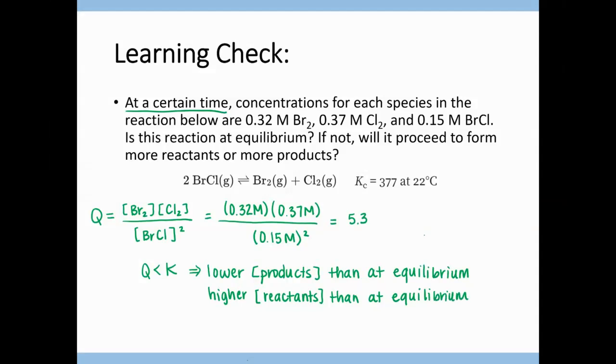And we know that because Q is concentration of products over reactants, and this value is smaller than K. So for this value to get larger, we need to decrease the amount of reactants, or in other words, the concentration of reactants is too high, and we need to increase the concentration of products, or in other words, at this time, the concentration of products is too low.